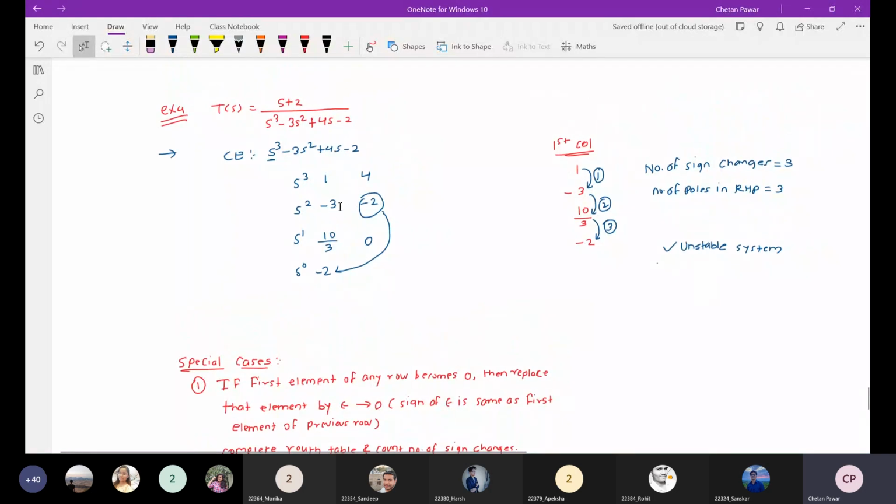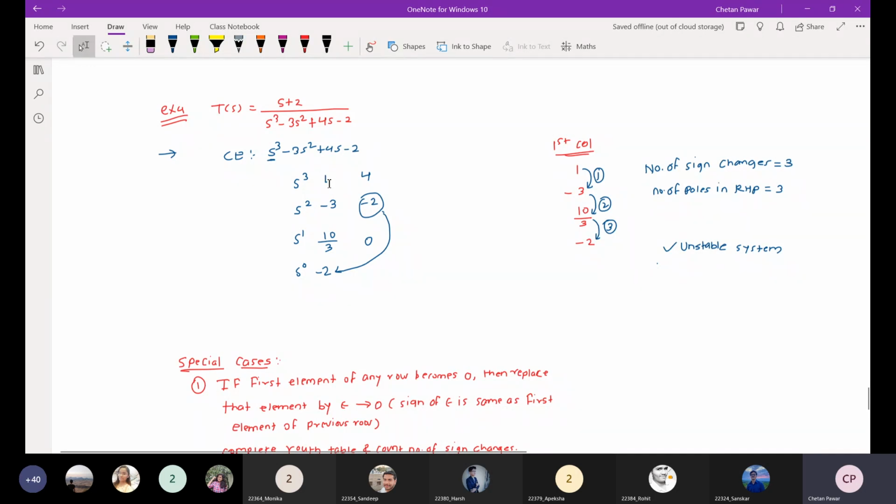For example, if in the s square row the first element is 0, then I will replace that 0 with epsilon, and the epsilon sign will be equal to the element of the s cube row.